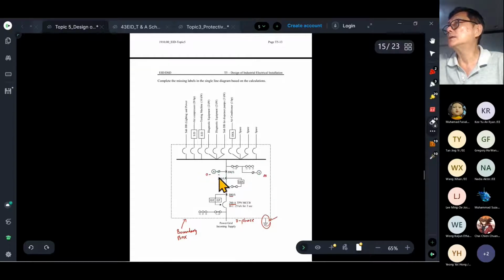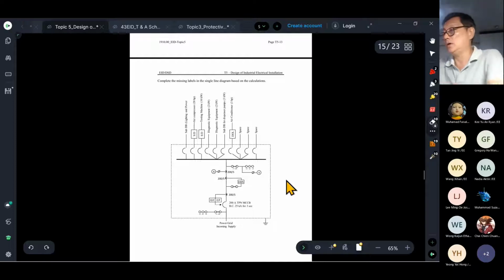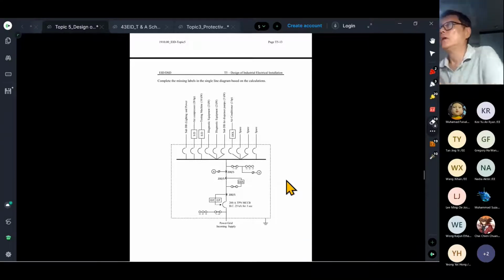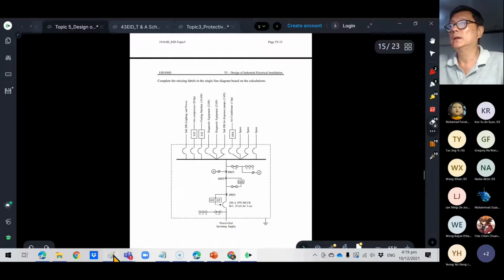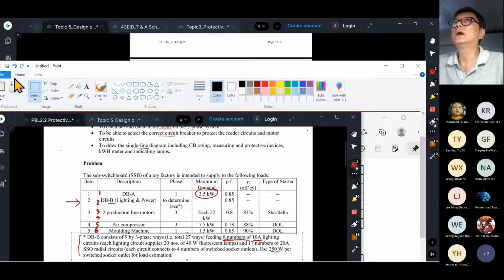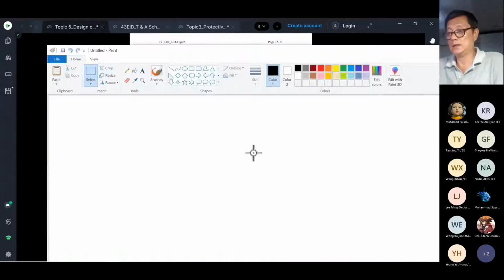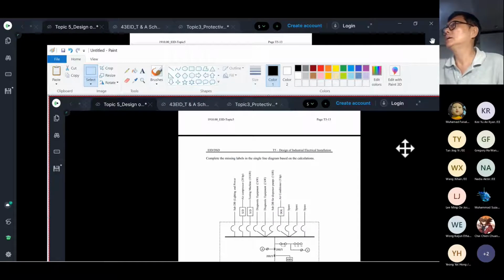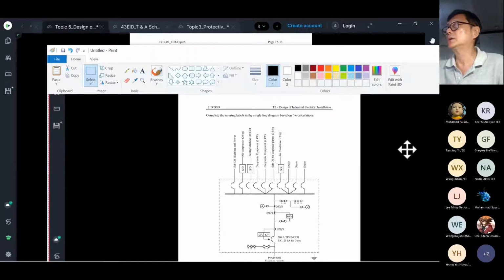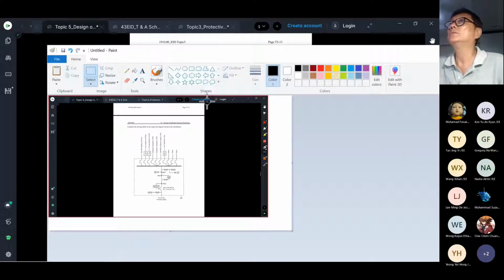Now this guideline, this single line diagram drawing is just a guide because it is based on the example here, right? But if I were to draw the single line for my PBL assignment, I will have to draw it slightly differently because it must reflect and tally with whatever information I have from PBL 2.2.